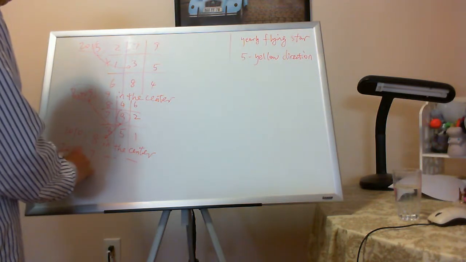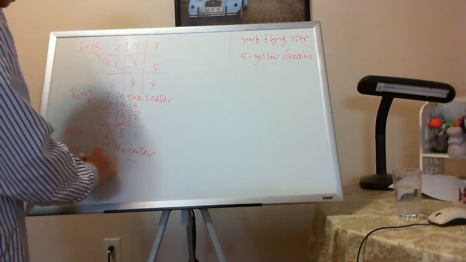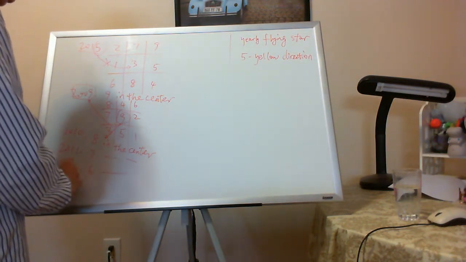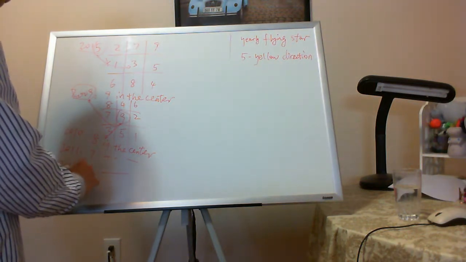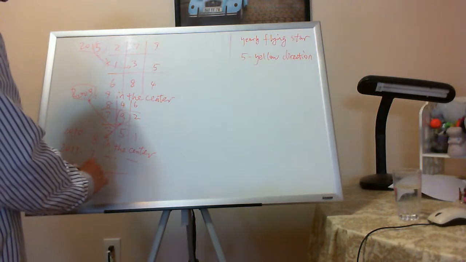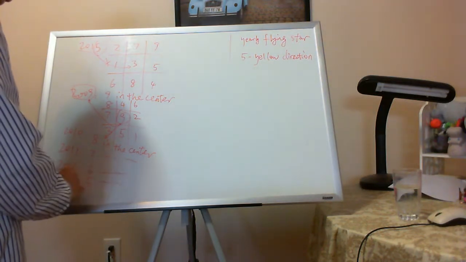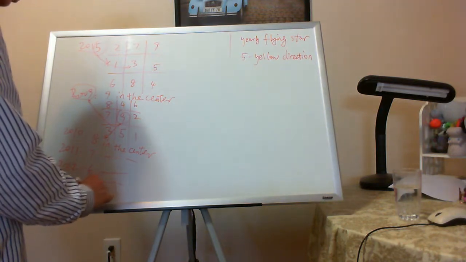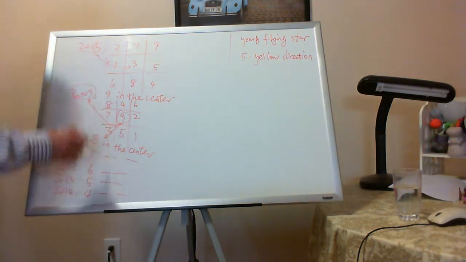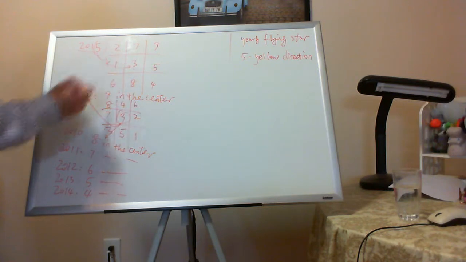For 2012, 6 would be in the center. And for 2013, 5 would be in the center. In 2014, 4 would be in the center. And 2015, 3 would be in the center.